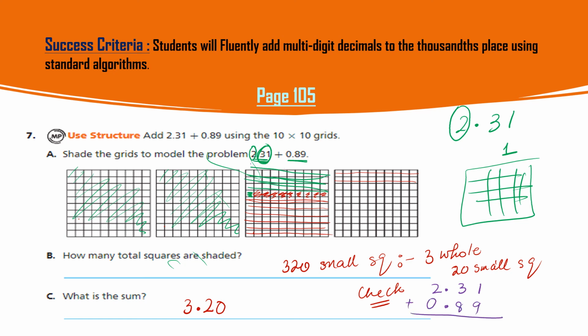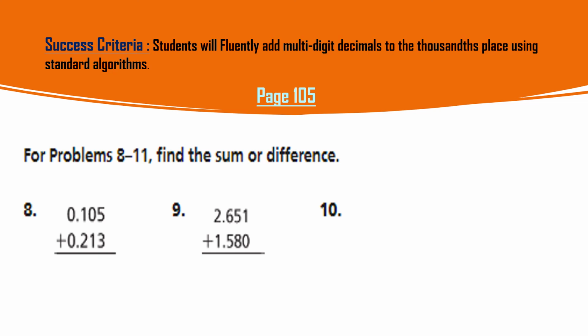Add them. 9 plus 1, 10. 0 here, 1 carry. 8 plus 3, 11. 11 plus 1, 12. 2 write down and carry 1. 2 plus 1, 3. So you see the answers, whether you use the grid method or the direct method, both give you the same answers. Hope the whole scenario is understood by you.